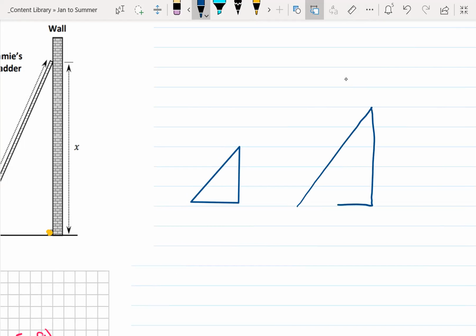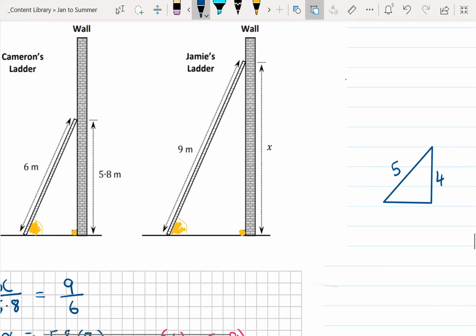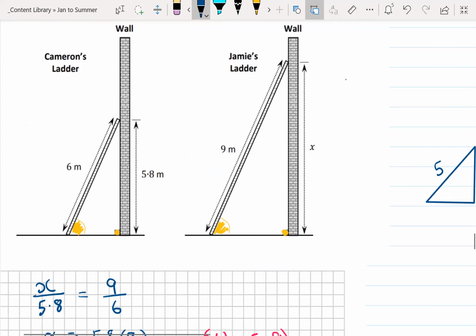Let's say we have two triangles here, they're similar. This here is a size of 5, this here is a size of 4, and this is 15, and we're looking for this.